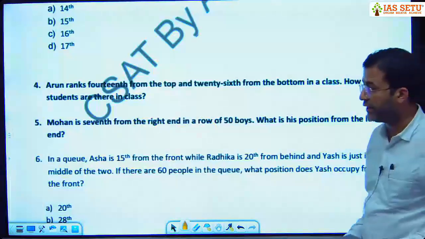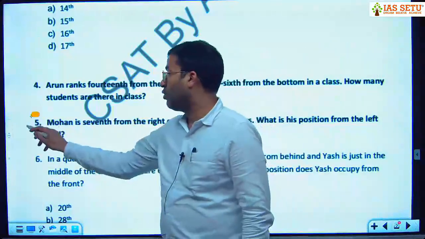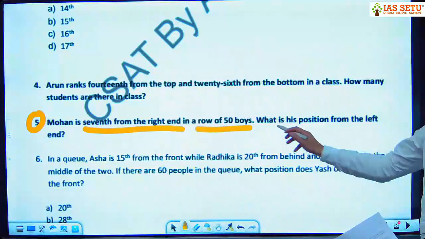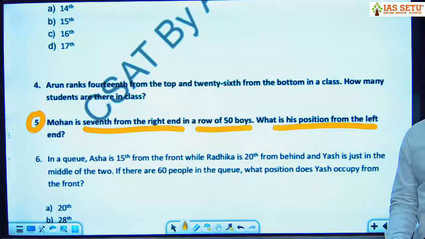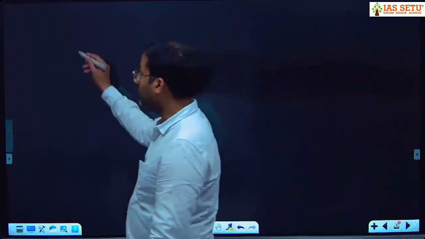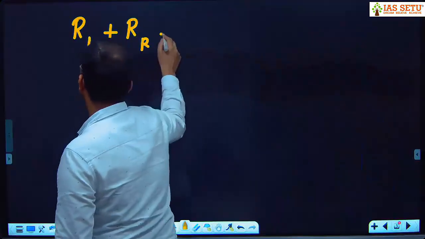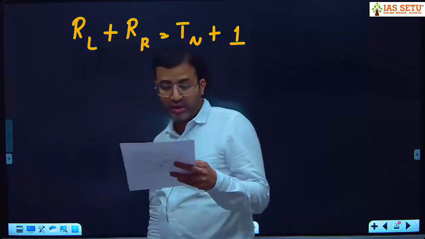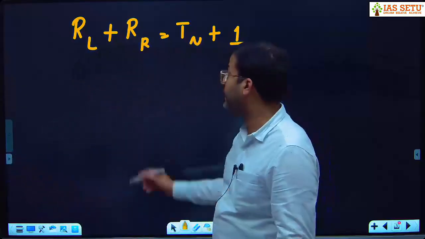Question number 5. Mohan is 7 from the right hand in a row of 50 boys. What is his position from the left hand? So we use the formula ranking from left plus ranking from right is equal to total number plus 1. Mohan is 7 from the right hand.